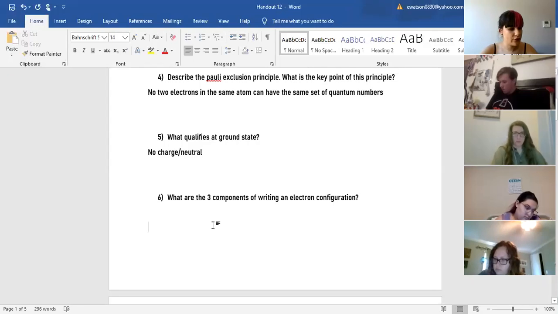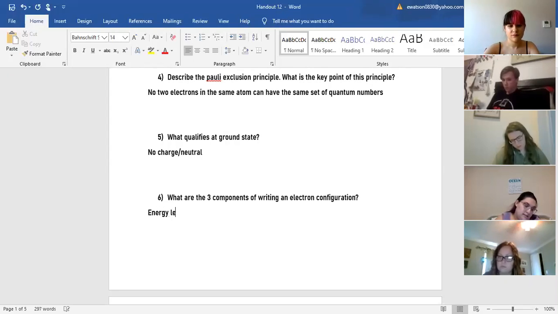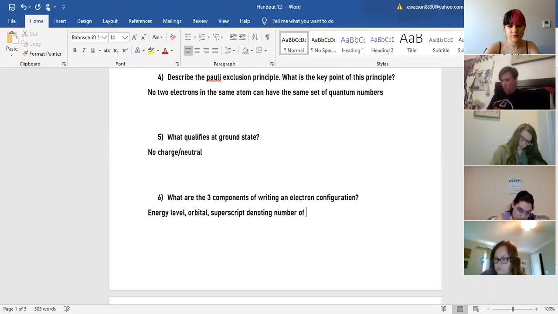We went over this yesterday. So what are the three components of writing an electron configuration? The energy level, the orbital, and the number of electrons. Exactly.